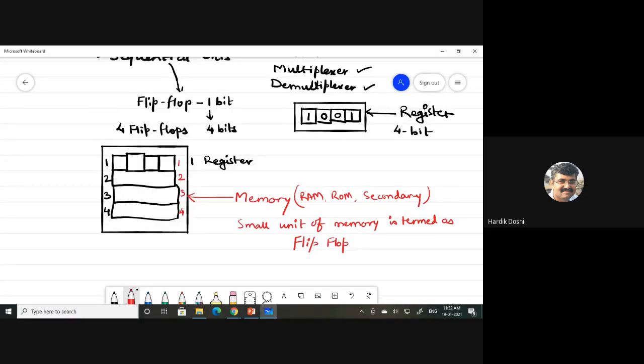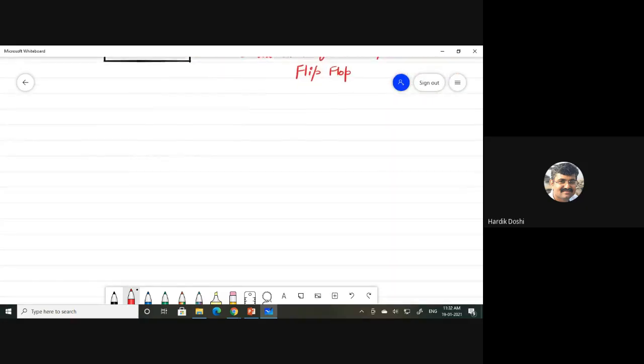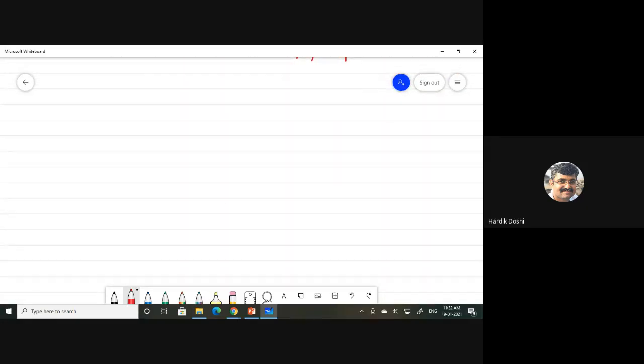Now, coming to our syllabus. As per the syllabus, the first thing we are supposed to learn is register transfer and micro operations.